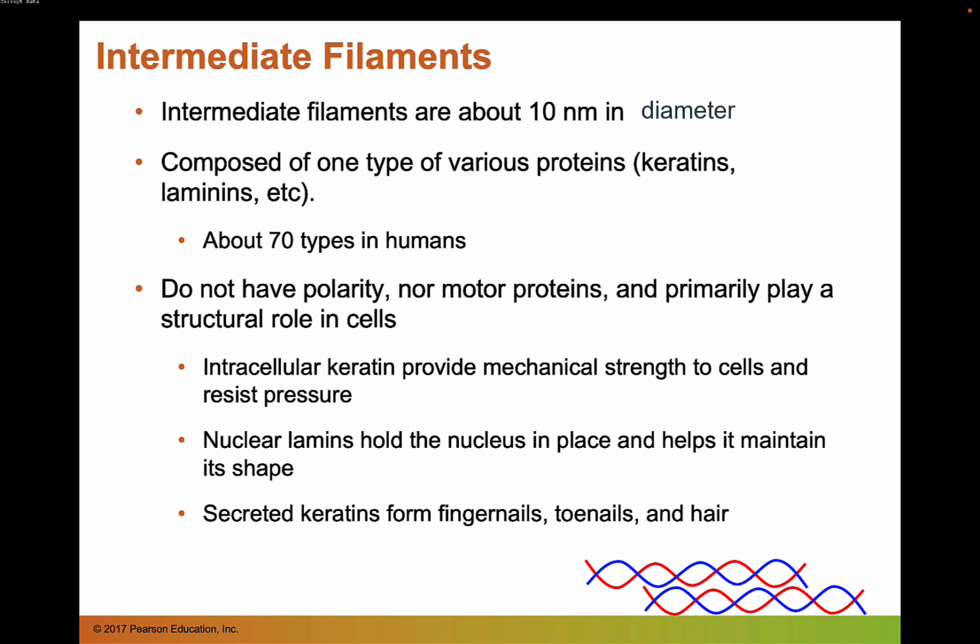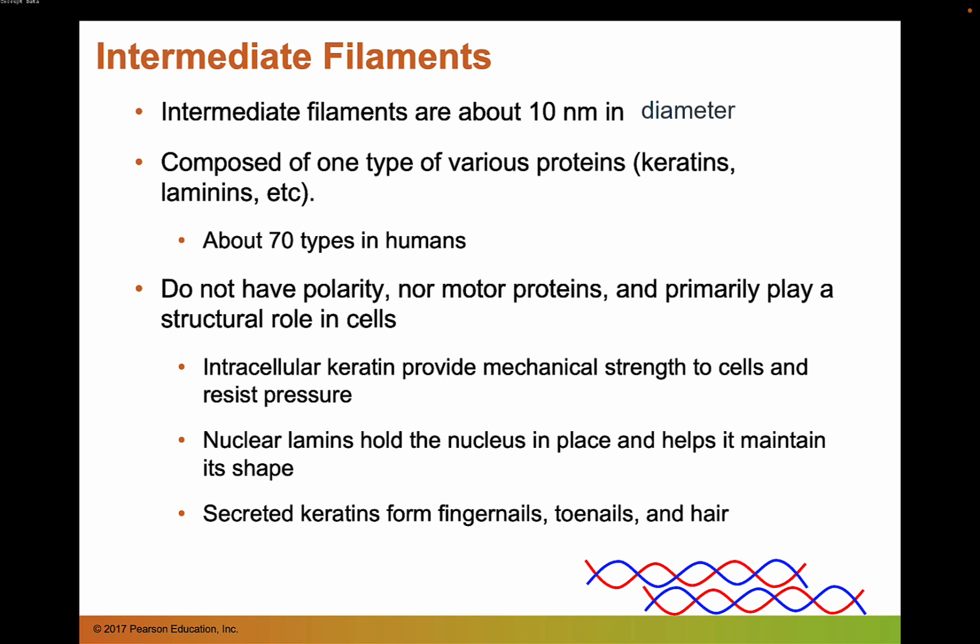Okay, so just a few examples of specific intermediate filaments that are worth talking about. So we have intracellular keratin, and this provides mechanical strength to cells and helps them resist pressure. We have the nuclear lamins, and we'll talk a lot more about these when we talk about mitosis. They hold the nucleus in place, and they help the nucleus maintain its shape.